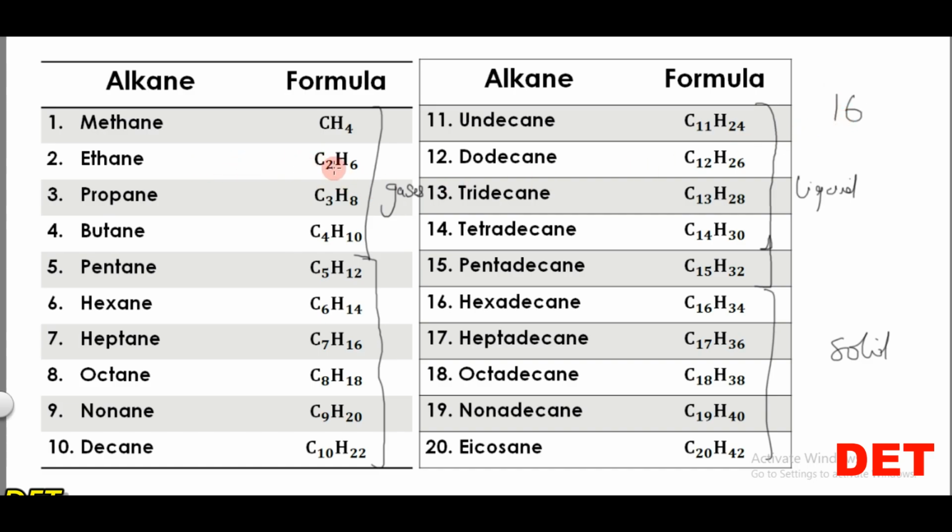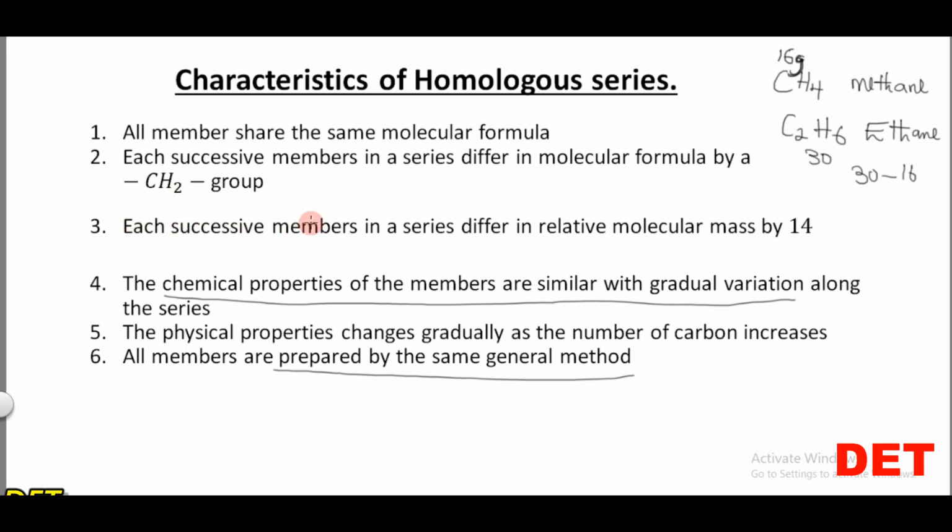The relative molecular mass of ethane is 30. The difference between these two successive members, 30 minus 16, is 14. So each successive member differs in relative molecular mass by 14.